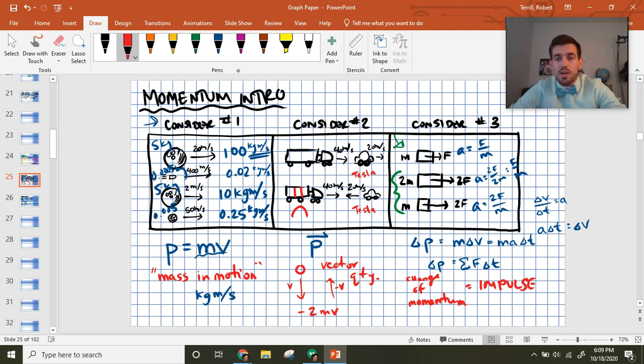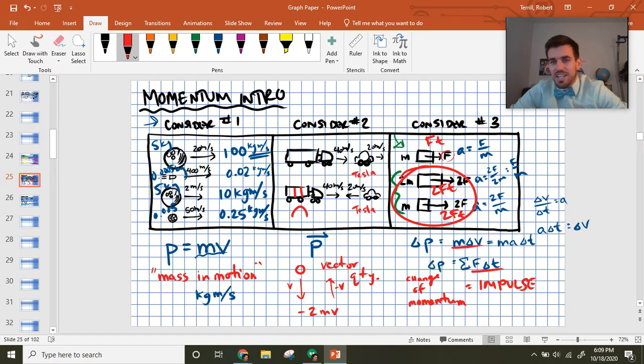The first way is right here, we can just figure out what the change in momentum is, or if we know the net force and we know the time that it's being applied, we can figure out the impulse. So going back up here, we know this one had F applied over t, so this one would be Ft, and this one would be 2Ft and 2Ft. So based on that, both of these have the greatest change of momentum, double the other one.